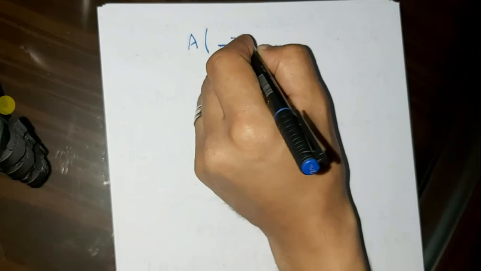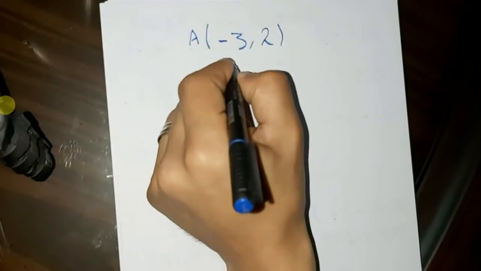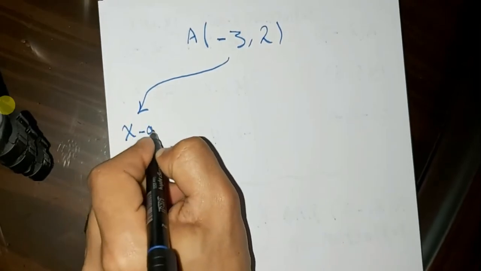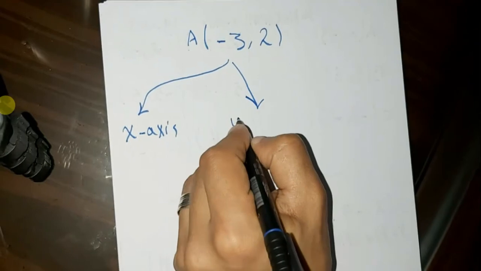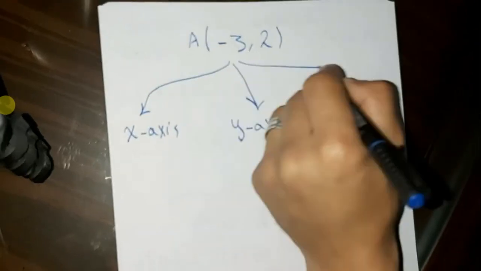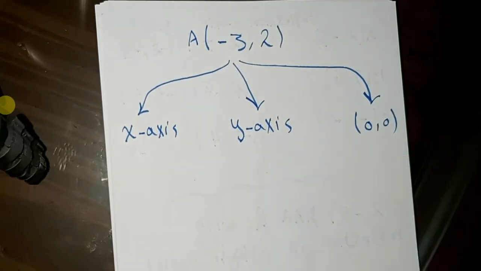A will be (-3, 2), and I want to make a reflection on the x-axis one time, on the y-axis another time, and the last time on the origin point (0, 0).